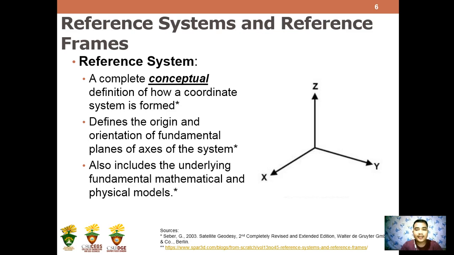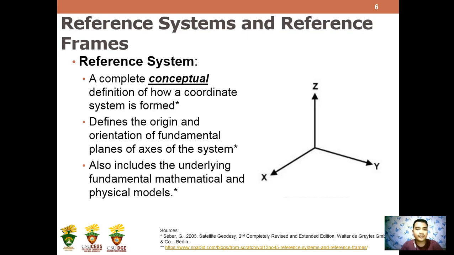Later on we will discuss an analogy between the reference system and reference frames. Basically, the reference system is just the theoretical concept, the overall conceptual definition of how something is done. If you are going to make something, like a project, we need to conceptualize first what is to happen when we pursue that project.